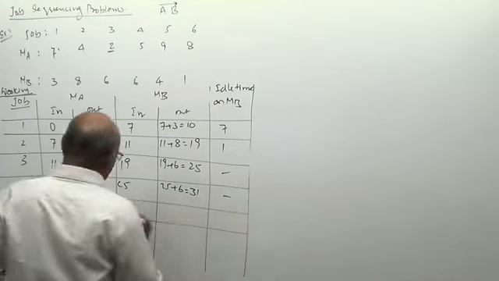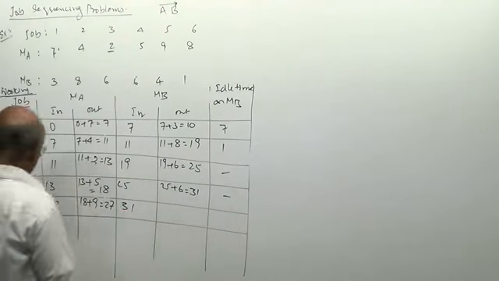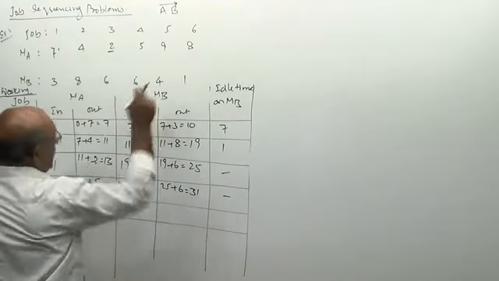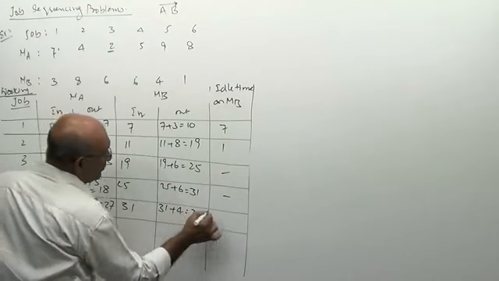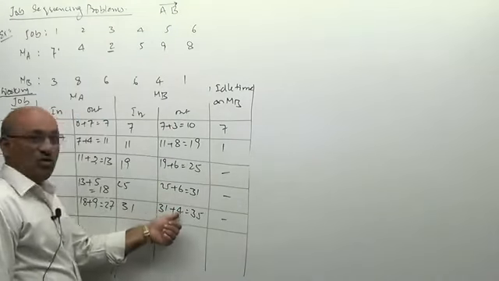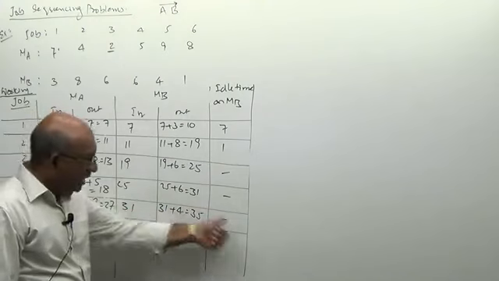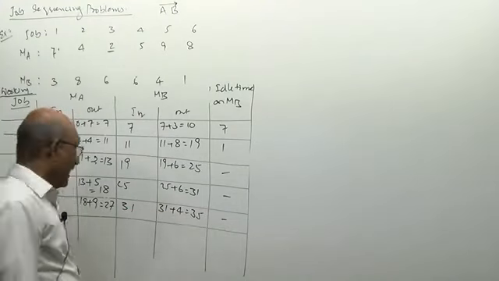Job number 5 will take how many hours, sir? 4 hours only. 31 plus 4, 35. At the end of the 35th hour, this job is coming out from machine B. Since there is no idle time on machine B, it is a dash.